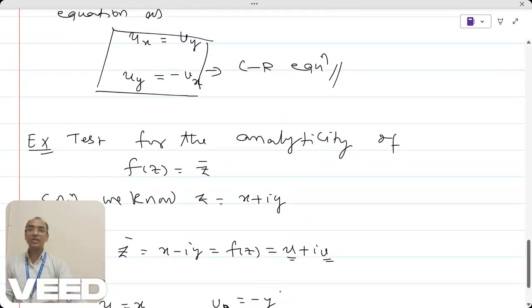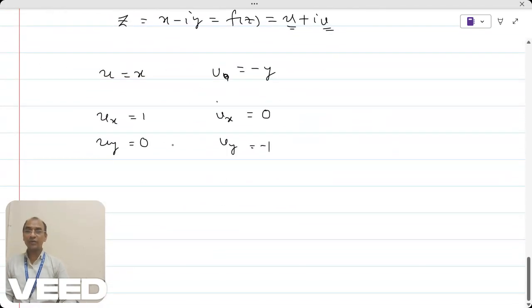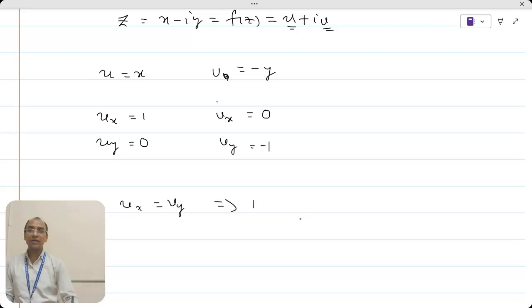Now according to the CR equation, ux should be equal to vy. So what is my ux? ux is 1. What is my vy? vy is minus 1. Whether they are equal? They are not equal. So I can say that ux is not equal to vy.